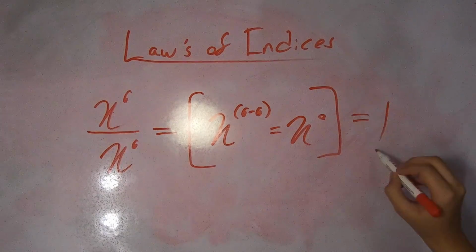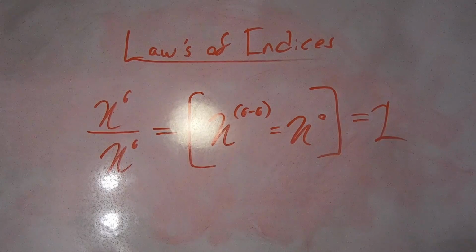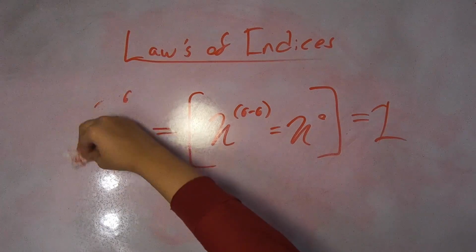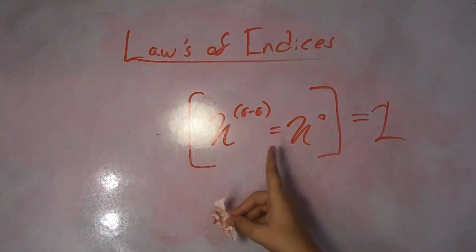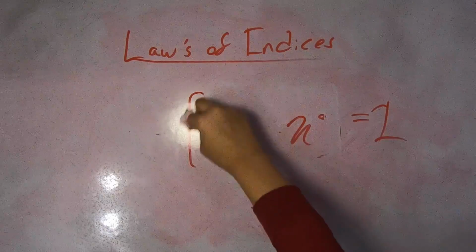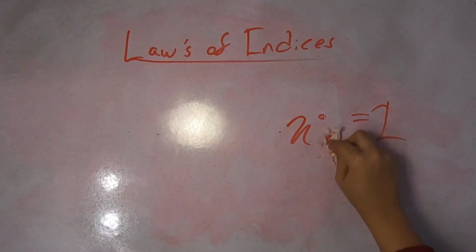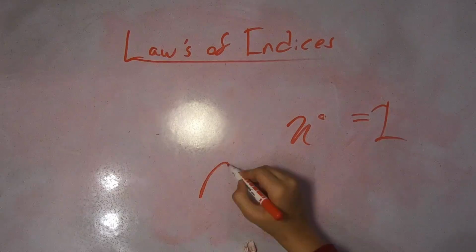And since numerator and denominator are the same, x to power 6 over x to power 6 is equal to 1. And now by removing the x to power 6 over x to power 6, we are left with this. Here's our second proof that x to power 0 is equal to 1.